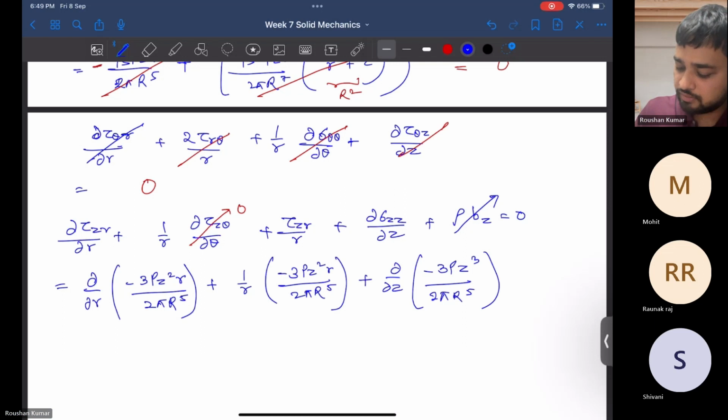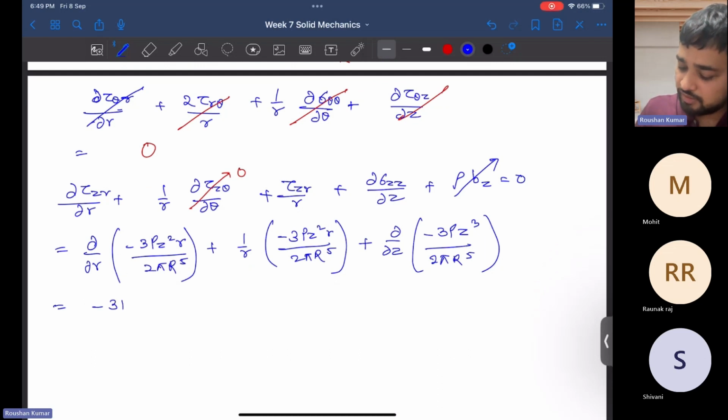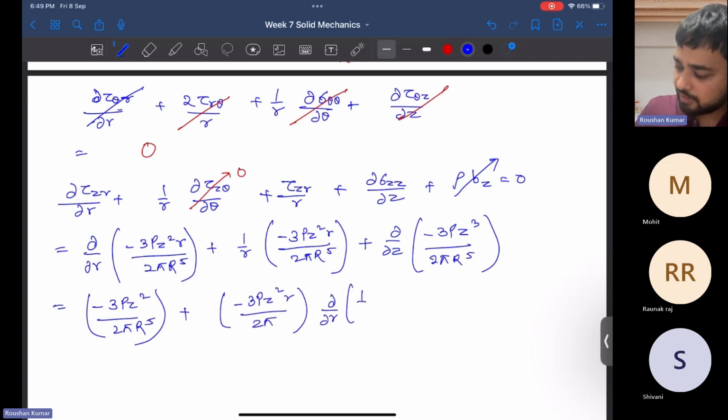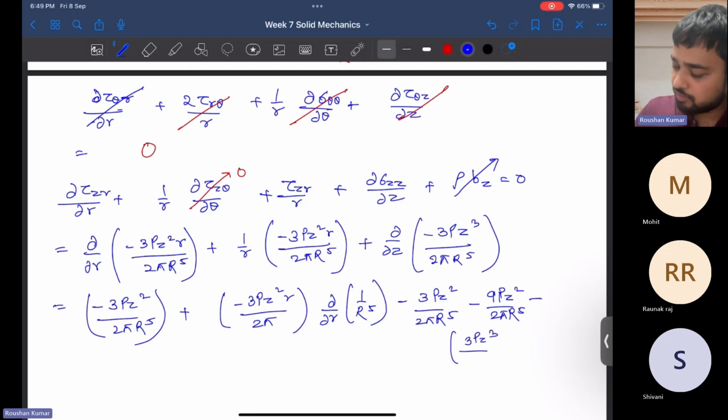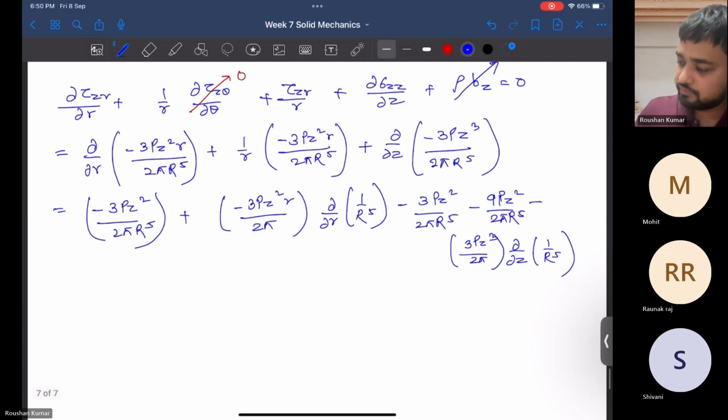Okay, and if we take the derivative with respect to r and z, we will get minus 3p z square upon 2 pi r to the power 5 plus minus 3p z square r upon 2 pi and del by del r of 1 by r to the power 5, minus 3p z square upon 2 pi r to the power 5 minus 9p z square upon 2 pi r to the power 5 minus 3p z cube upon 2 pi del by del z of 1 by r to the power 5.